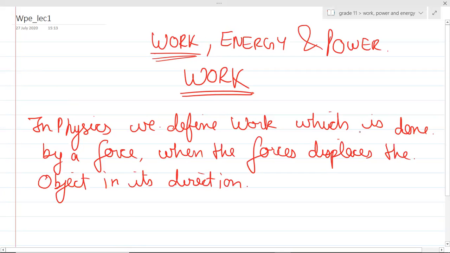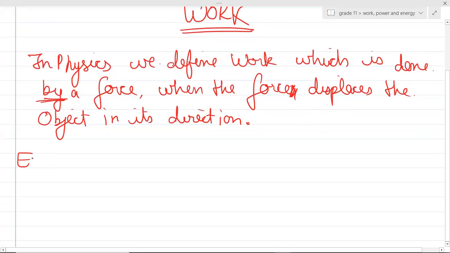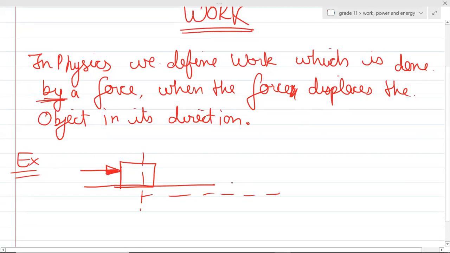Okay. So please remember, in physics we define work done by a force when the force displaces the object in its direction. For example, suppose there is this object and I'm applying a force on it, due to which this object displaces from here to here.